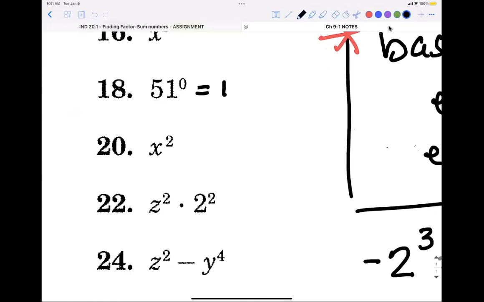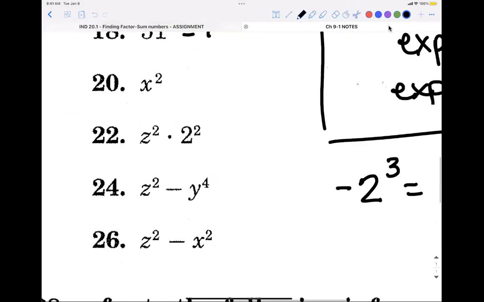All right. How about when we have one like number 22? Z squared times 2 squared. Well, first of all, what does Z equal? What was it? 4? Okay. So I'm going to fill this in here. Z is 4 times 2 squared.